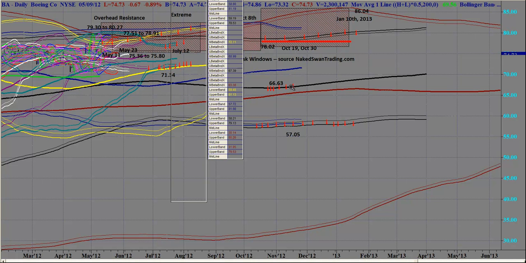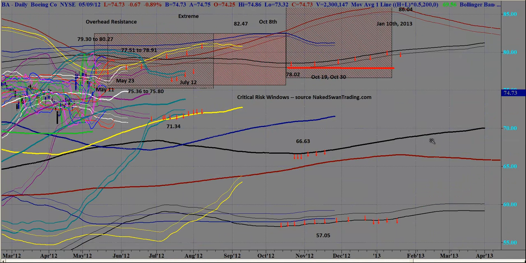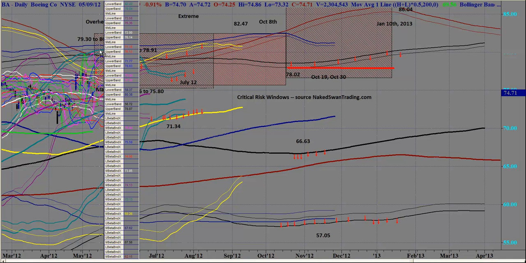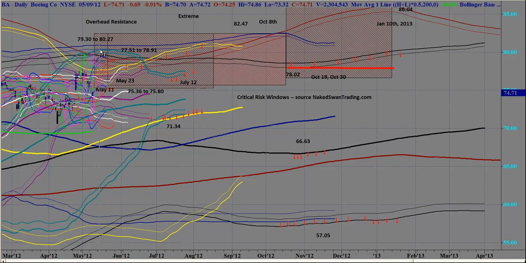So on this specific risk map over here, what I've laid out is the areas where you should be looking for intense resistance. Now, right over here, we have a situation where this level, 77.51 to 78.91, if there was an amazing news report and for whatever reason, for the remainder of this summer, let's imagine that price spiked into 79.30 to 80.27.